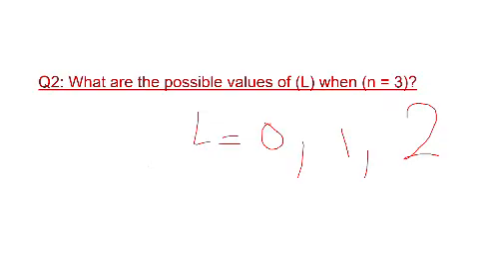So the expected values for L, the subsidiary quantum number, at the third energy level, level M, are the three values 0, 1 and 2: 0 for the s sublevel, 1 for p, and 2 for the d sublevel.